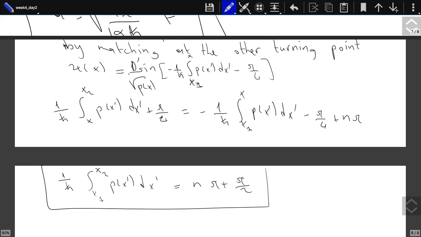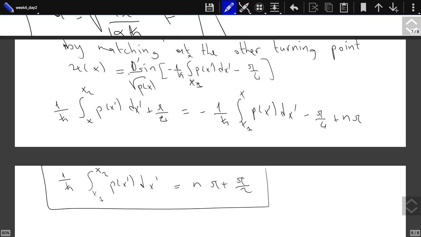But also just keeping in mind that these WKB approximate solutions are valid for high energy. The wavelength should be small, so that any change in the potential happens over several wavelengths. So for large n, that pi over 2 factor will not make any difference anyway.